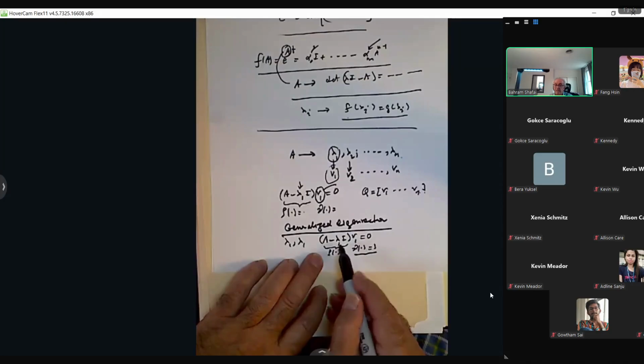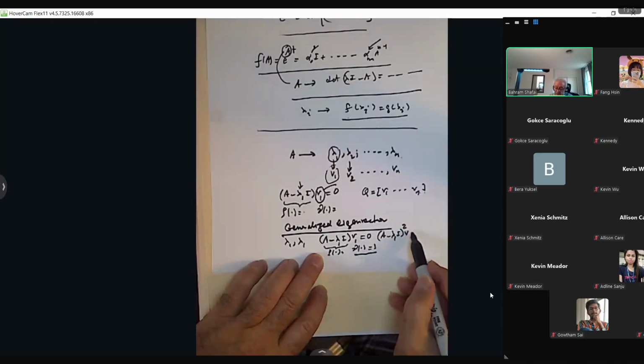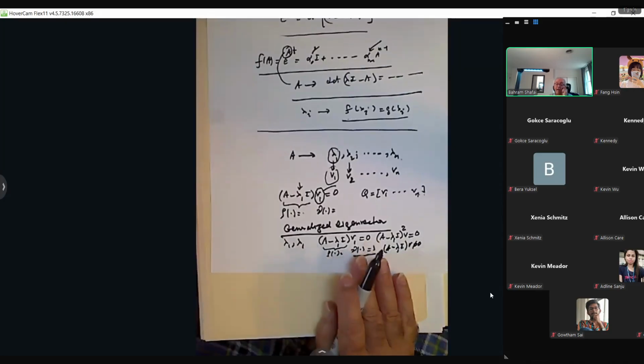If you take A minus lambda 1 I to the power 2 times V, that becomes equal to 0, but A minus lambda 1 I times V is different than 0, that becomes a qualified eigenvector. I already explained that in my lectures.